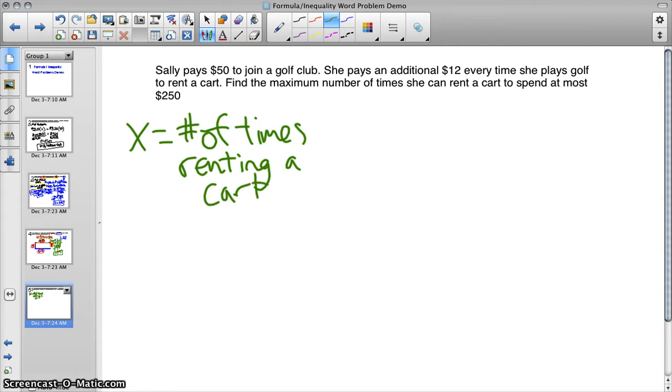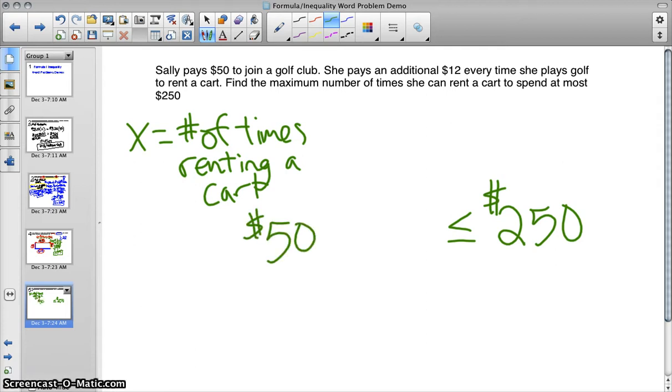If she wants to spend at most, remember, at most is less than or equal to. We talked about that before. If you don't remember that, go back and check your notes. So at most, less than or equal to $250. She pays $50 for the membership, so no matter what, she has to pay that, plus $12 every time she uses a cart.